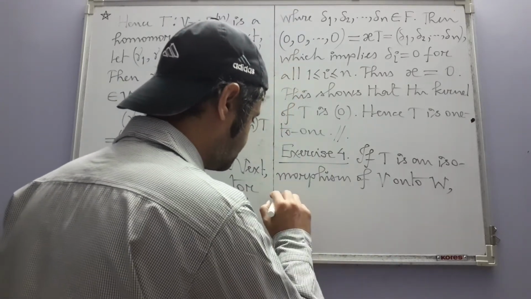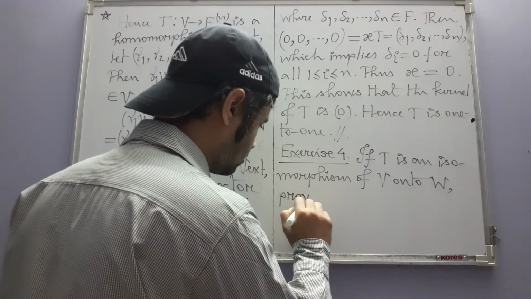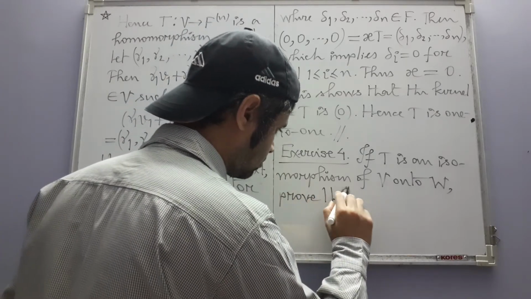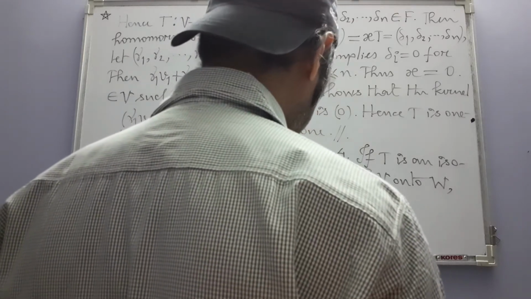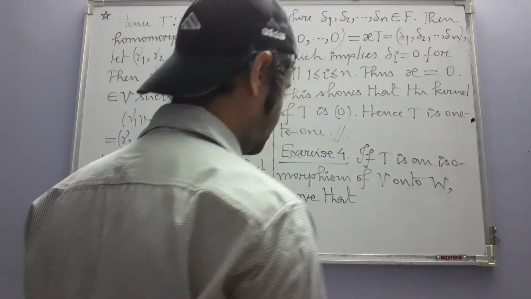Prove that T maps a basis of V onto a basis of W.